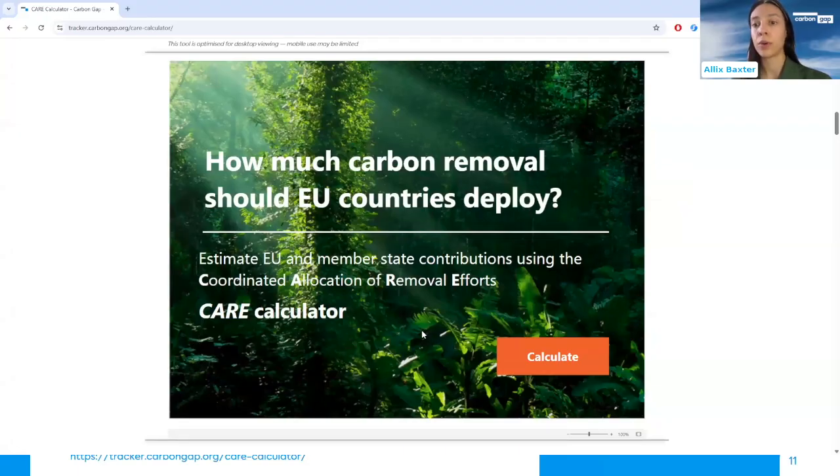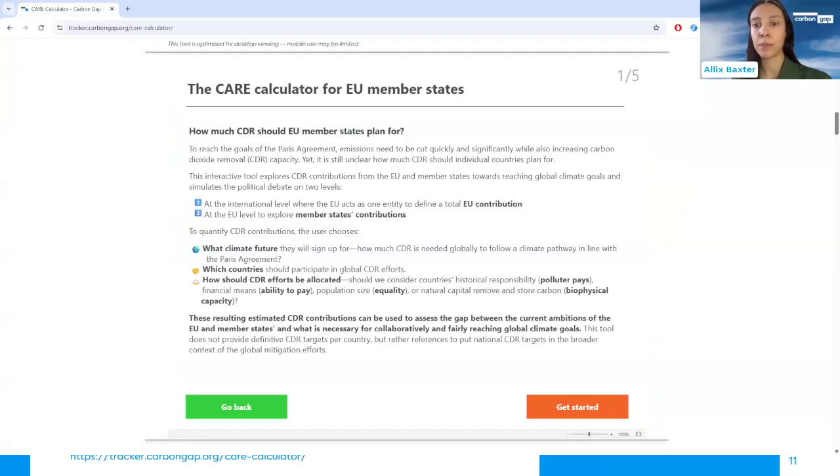With the calculator, we're exploring how much CDR the EU should be deploying in the future. And so this start page has some useful context for this question and explains that with this calculator, we're simulating the debate around CDR efforts on two levels. So firstly, at the international level.